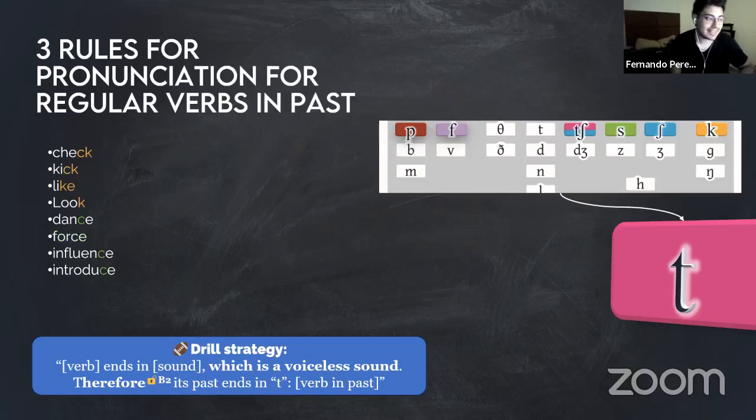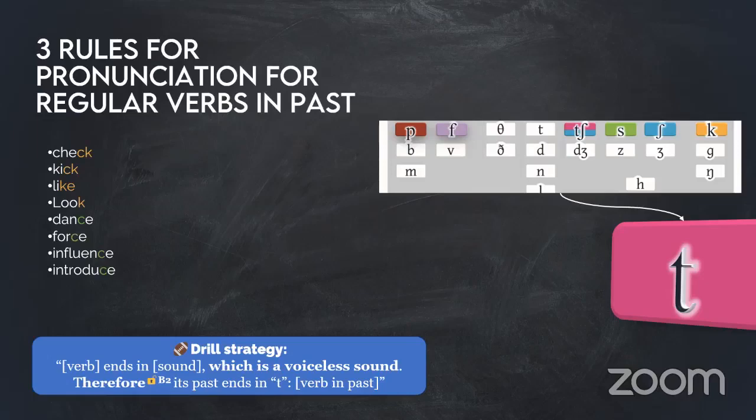We are talking about sound. What is the last sound in dance? So dance ends in S. Exactly. Which is a voiceless sound. Exactly. Therefore, its past ends in T.